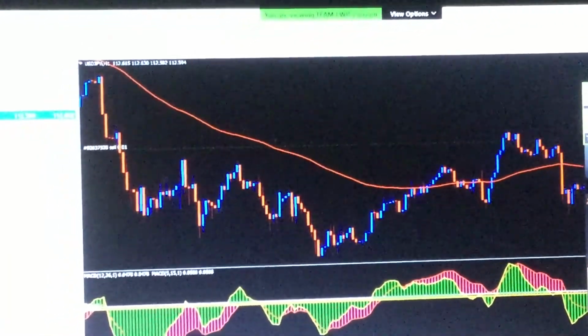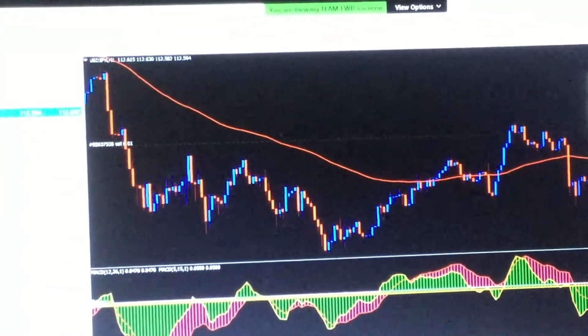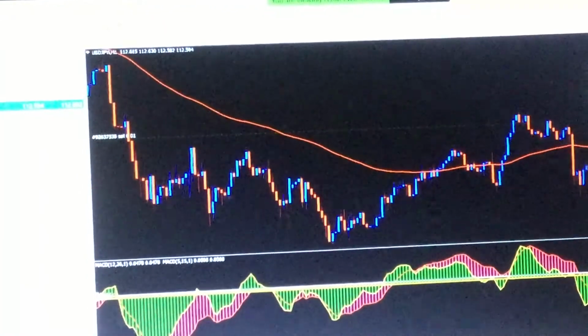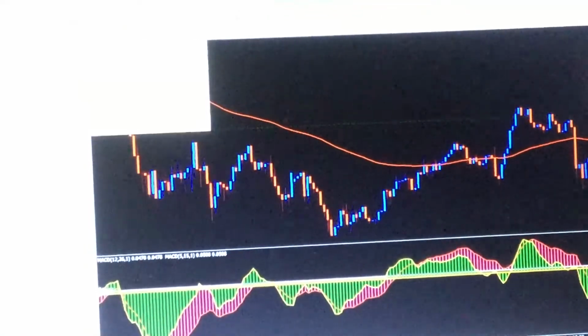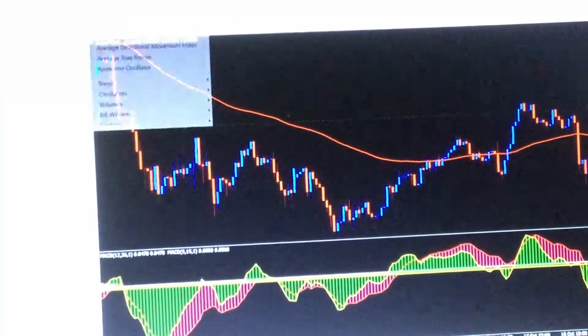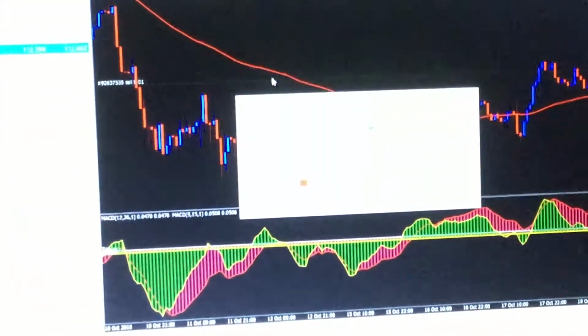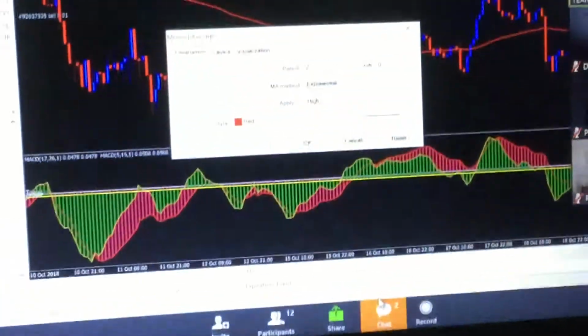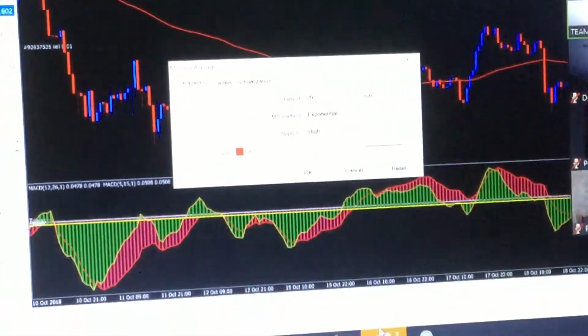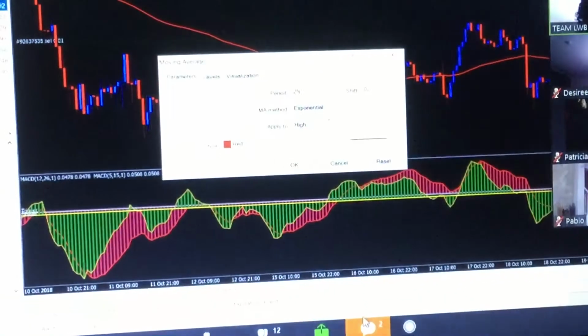We're moving on to the next moving average. Insert indicator, trend, moving average. Now we're going to do the 25. Period is 25. Shift is 0.